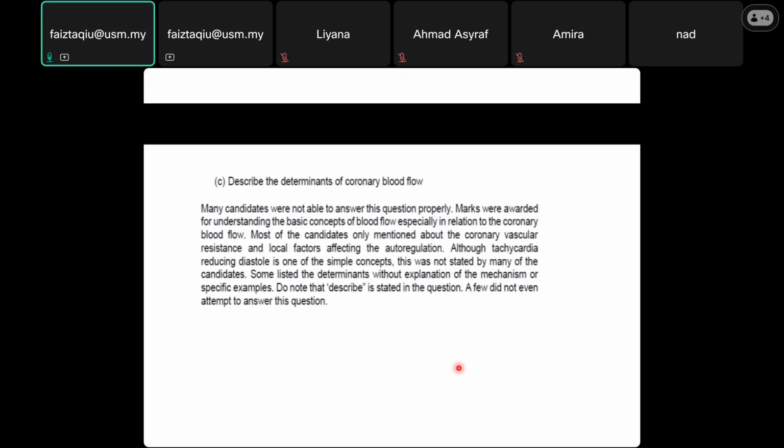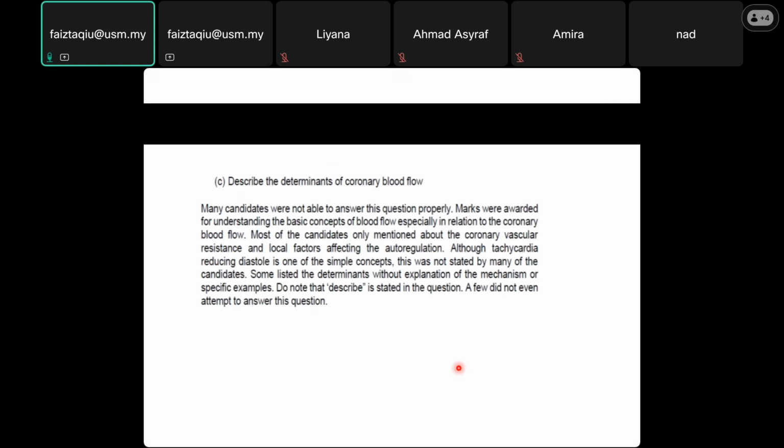Diastolic time was not stated by many candidates, and this is one of the comments from the examiners. Some listed the determinants without explanation of the mechanism or specific examples. Do note that describe is stated in the question. A few did not even attempt to answer this question.